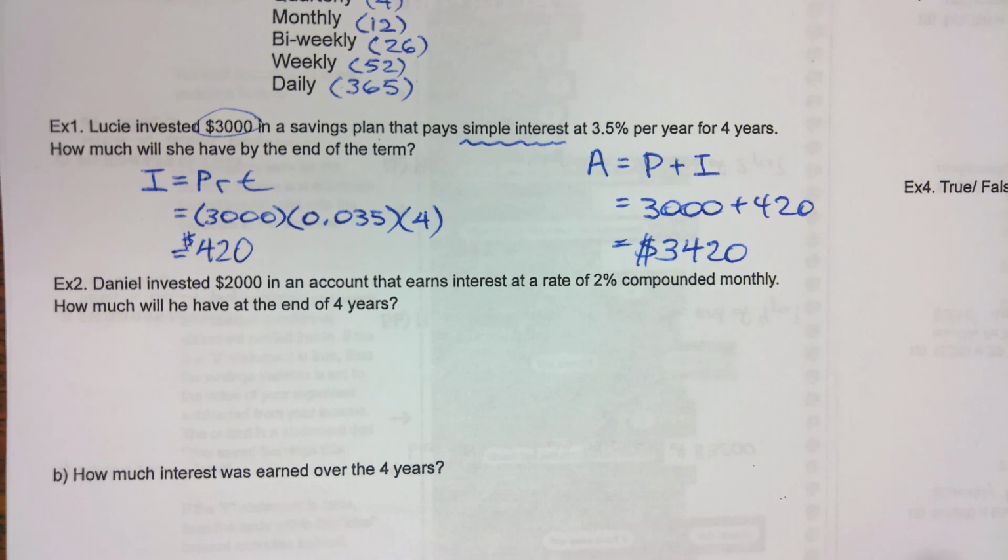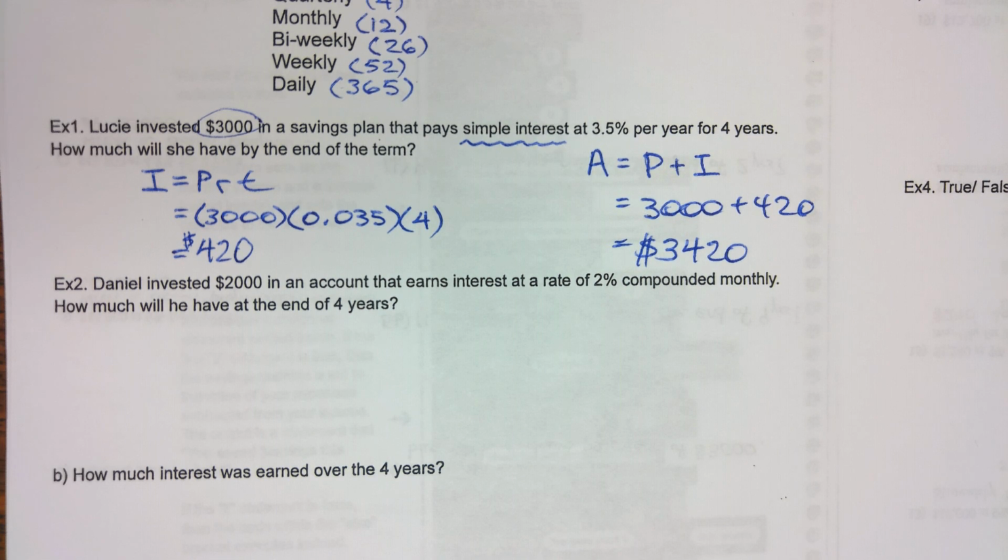Okay? Right? Yeah. Okay. Example 2. On the other hand, Daniel invested $2,000 in an account that earns 2% compounded monthly.